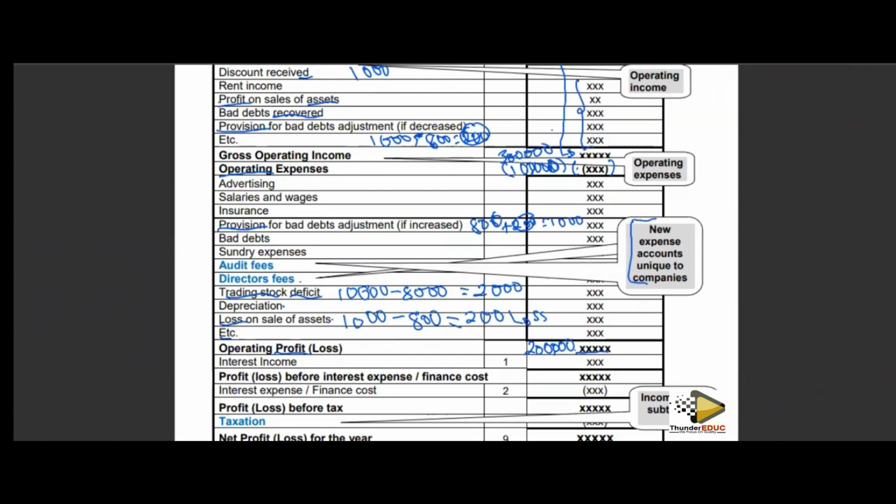Then, after determining your operating profit, we go down to the next part. We have interest income. When do we receive interest? For example, we have an investment in the bank, okay?